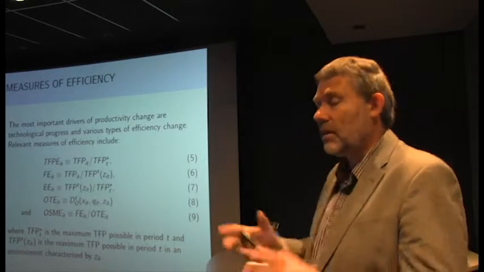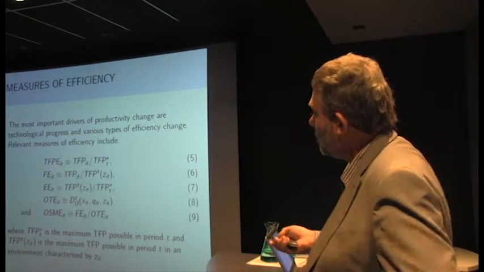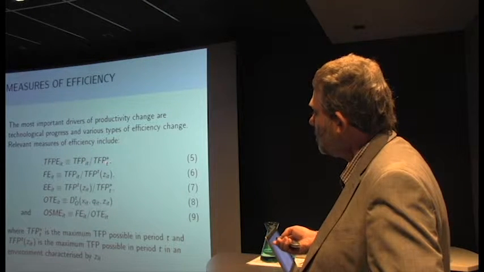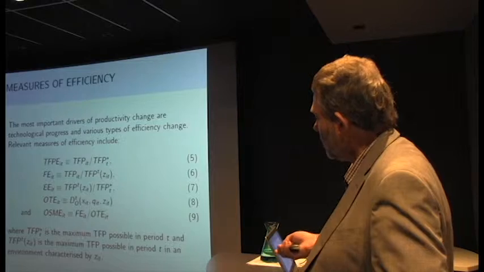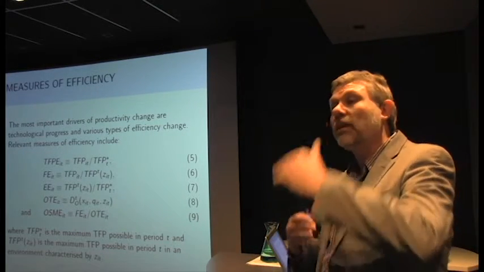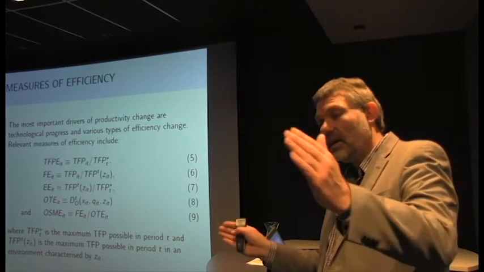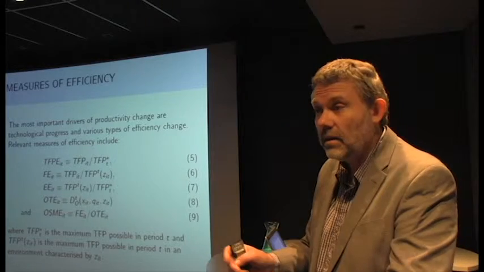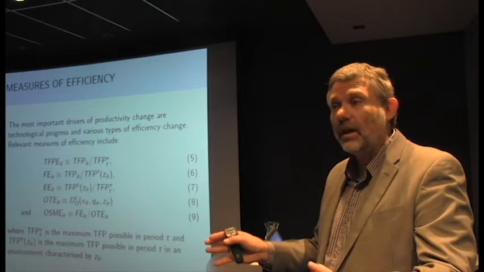Okay? And if we were thinking about productivity, one thing we might do is compare the observed productivity of a firm with the maximum, see the star here, the maximum productivity that's possible in period T. That's a measure of how productive, that's productive efficiency. You can break that out into the environmental part and the part that is due to the actions of the firm.